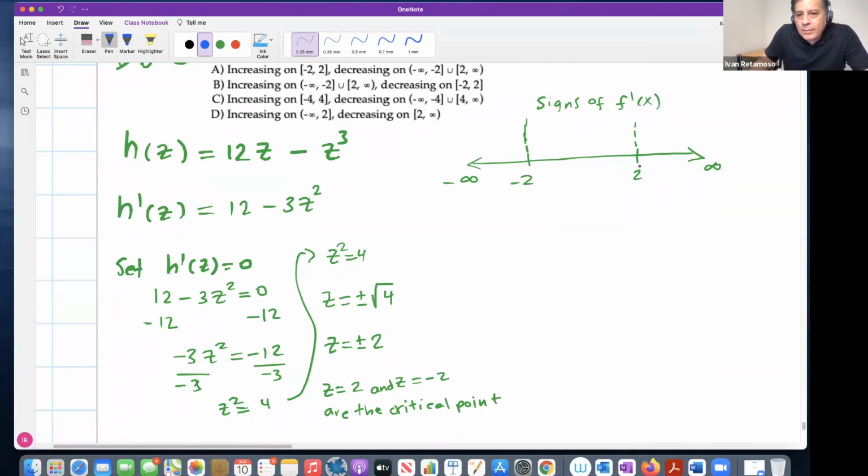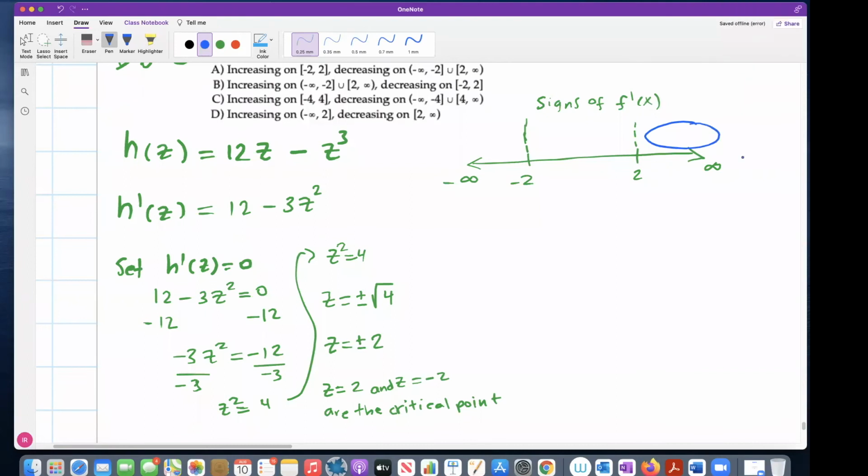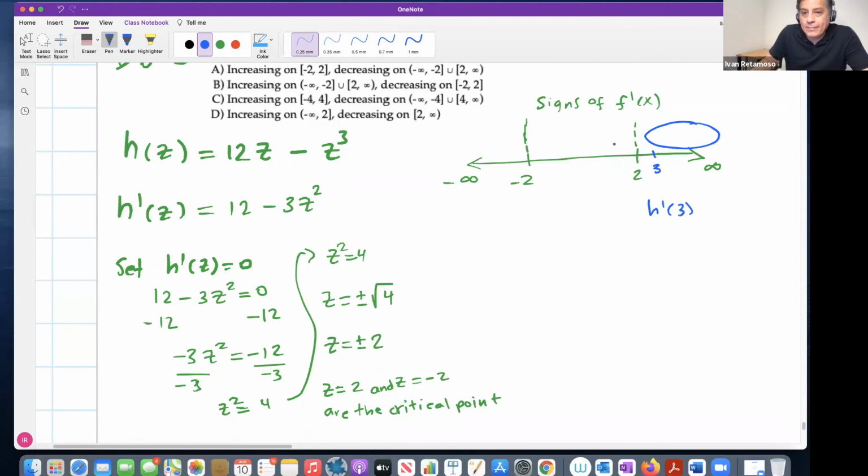Anyone could tell me what would be a good test point for this region?